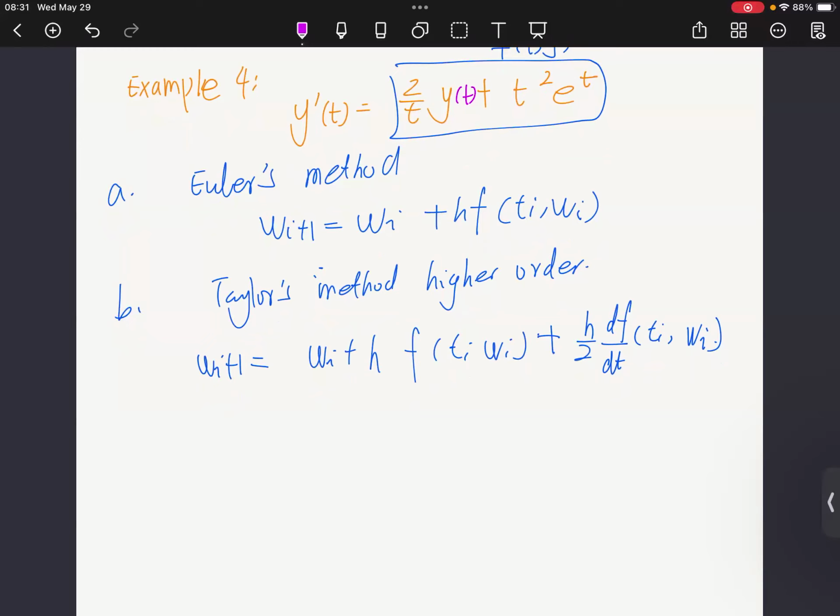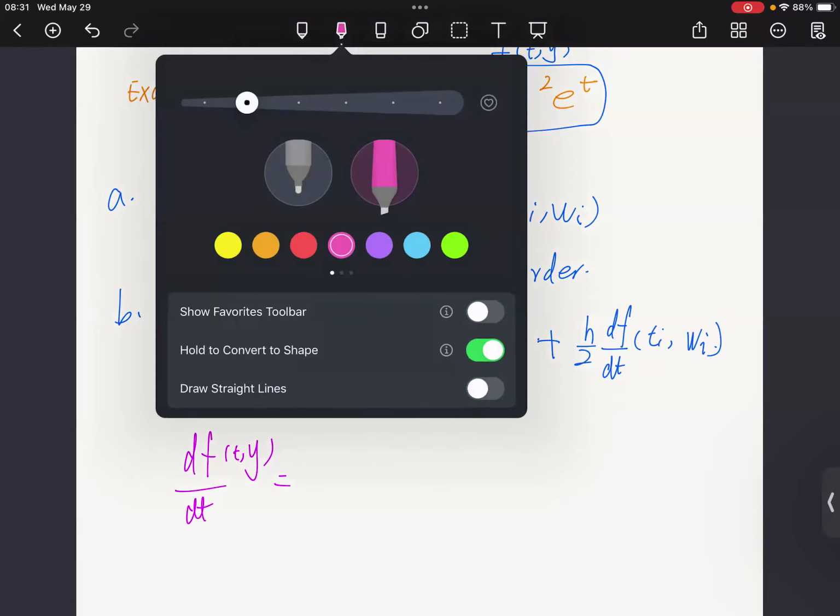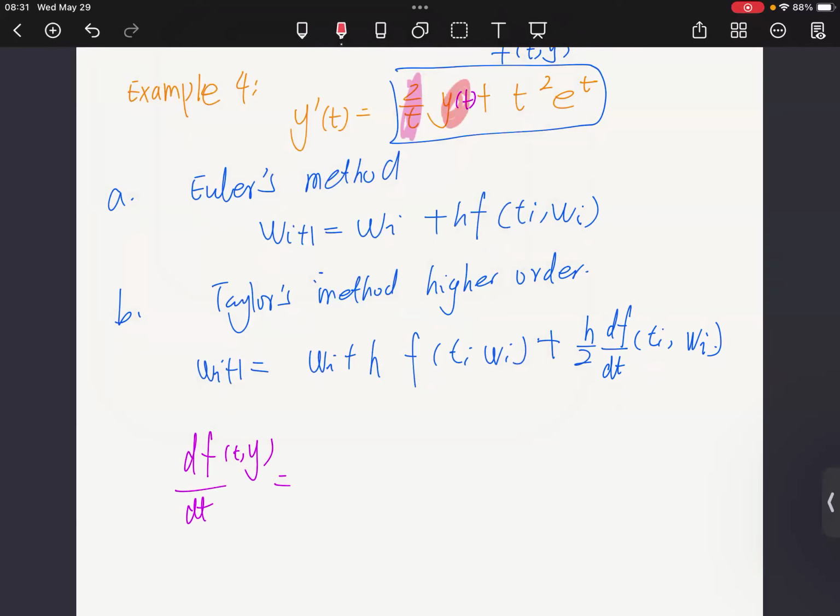So for the first part, if we want to get the derivative of f(t, y), we have a product of two functions, and both are functions of t, so we are going to apply the product rule.